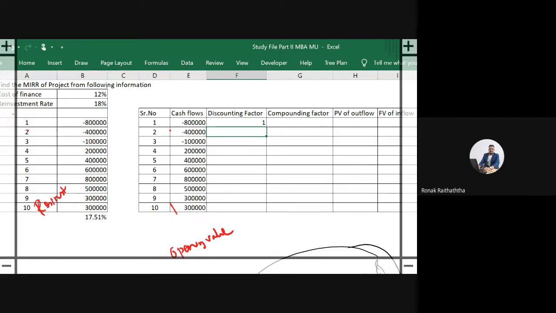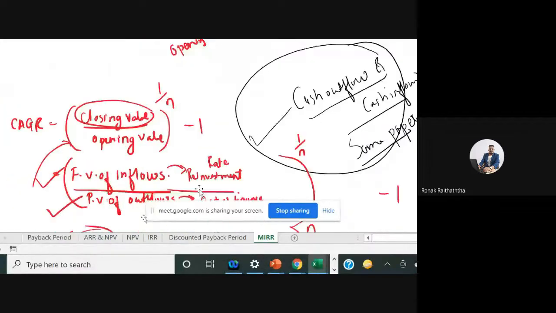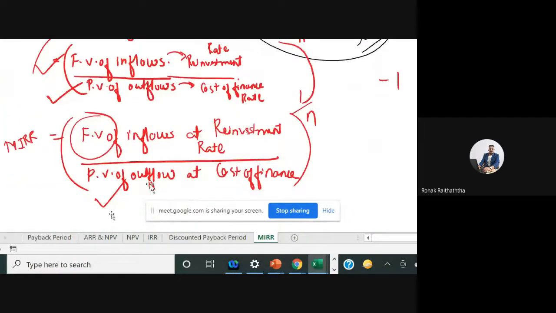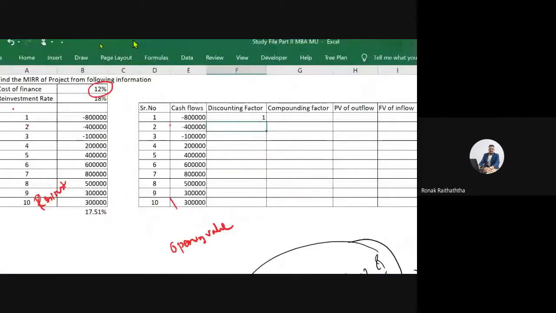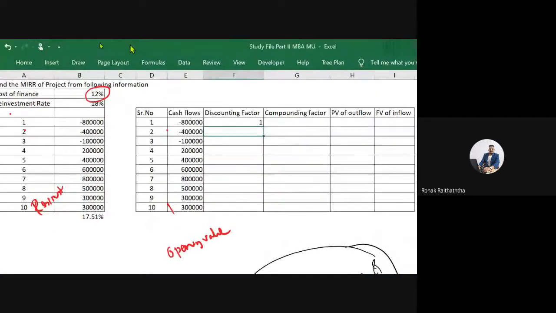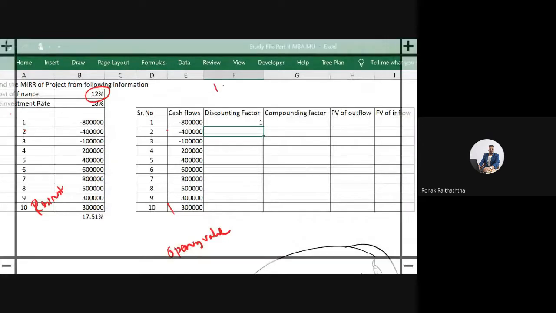Go to the formula again. Present value of outflow at cost of finance. So at 12% it should be found. So equals to, what you will do over there is 1 divided by 1.12. So that will be the discounting factor for 4 lakhs.